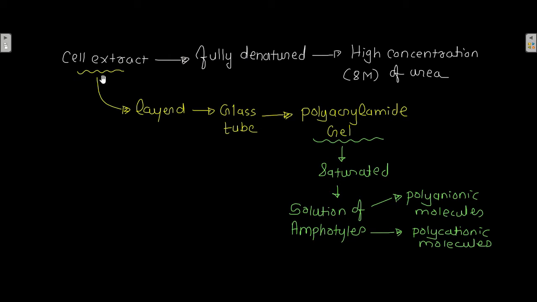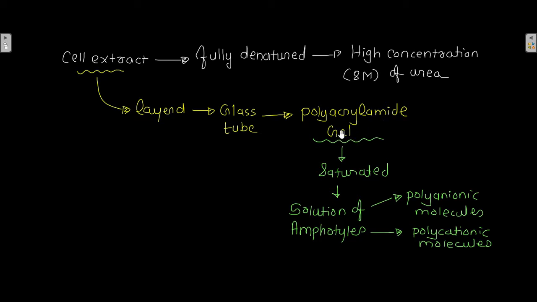So in the first step, the cell extract is fully denatured by a high concentration of urea, that is 8 molar urea, and then this cell extract is layered on a glass tube which is filled with polyacrylamide gel.